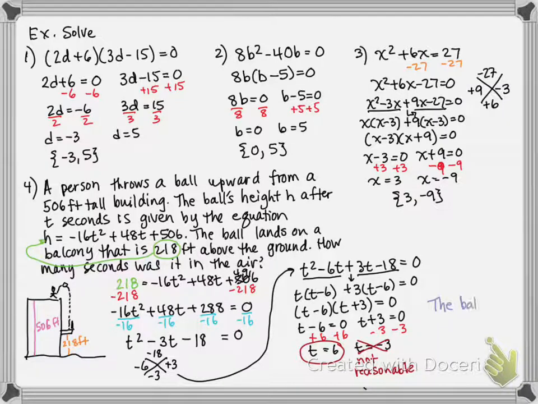The ball was in the air for 6 seconds. That's how long it took for that ball being thrown upward from the top of that building to land onto the balcony. Okay?